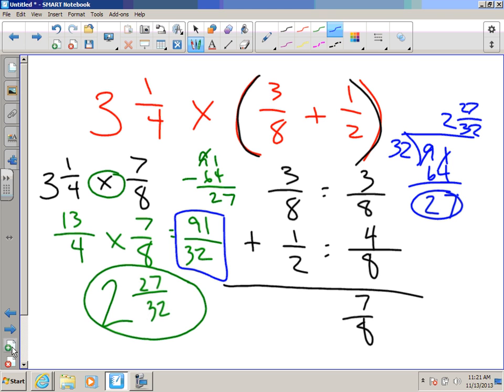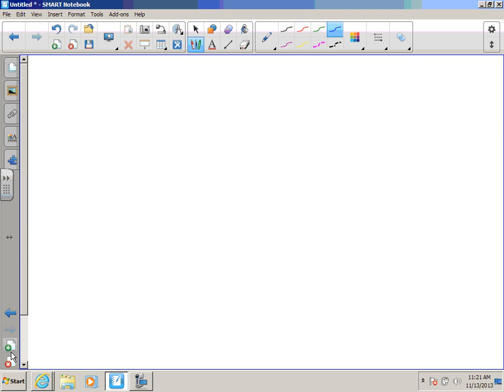Okay, so that's if you get stuck and you can't figure it out in your head and you have to take that extra step and write it out, then by all means write it out. Okay? So that's what we're looking at, problems that are going to be like that. So that's what I mean, you got to be on your toes and you've got to be really paying attention to what's going on. So here's one for you to try.